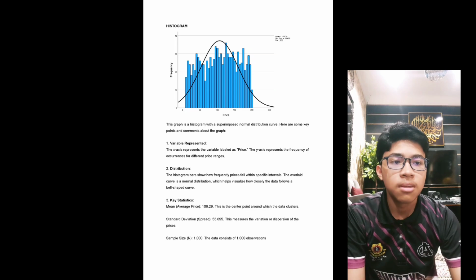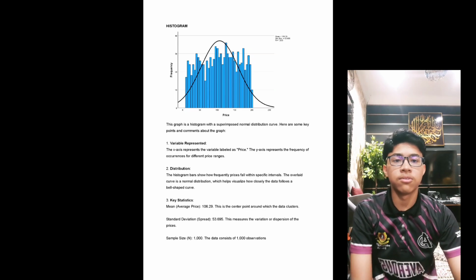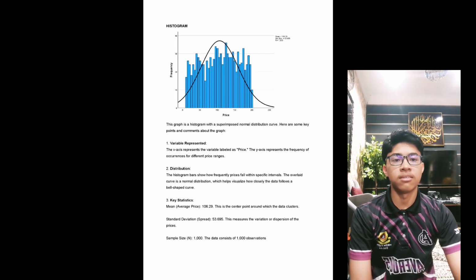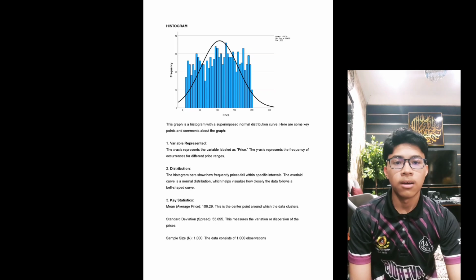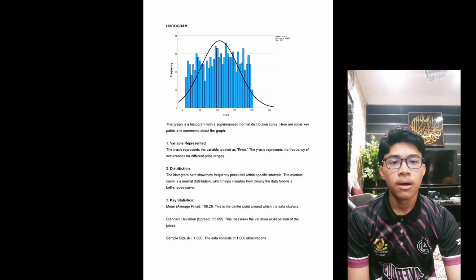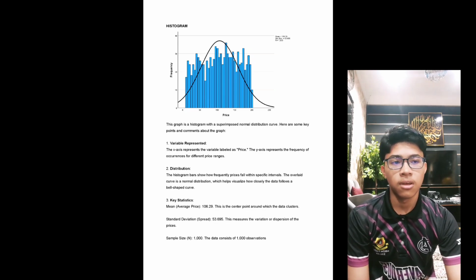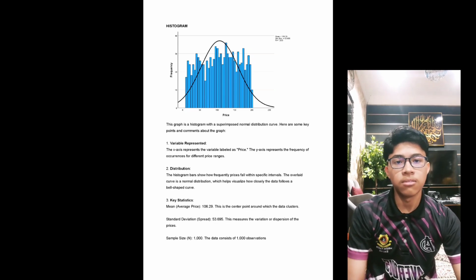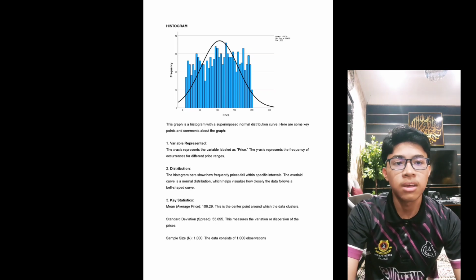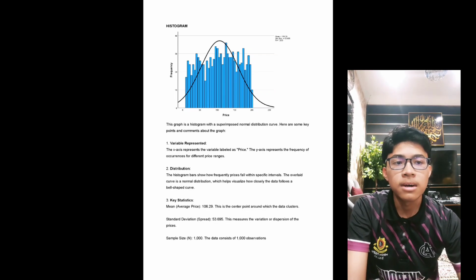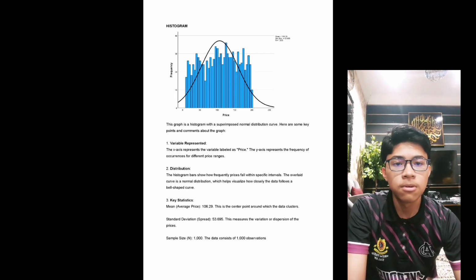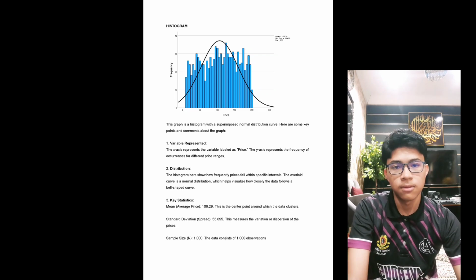The y-axis represents the frequency of occurrence for different price ranges. After that, distribution. The histogram bars show how frequently prices fall within specific intervals. The overlaid curve is a normal distribution which helps visualize how closely the data follows a bell-shaped curve.